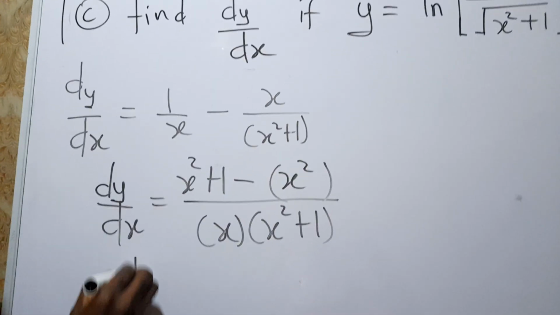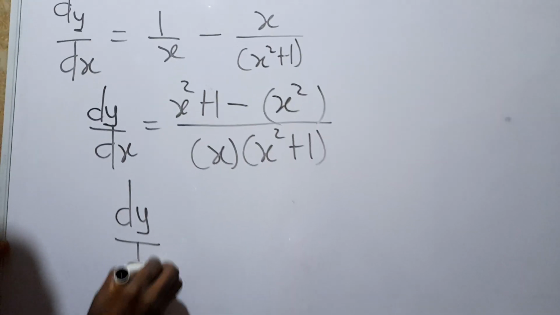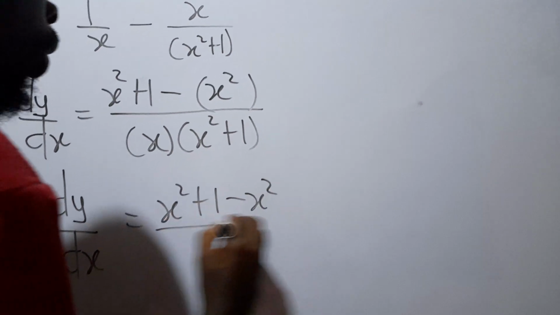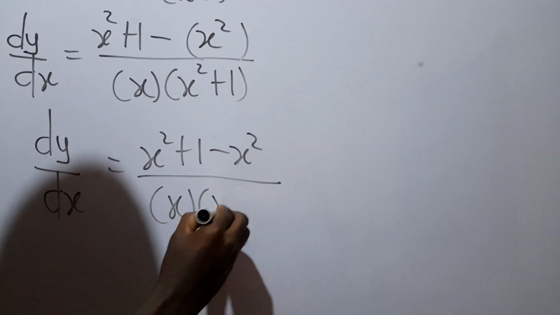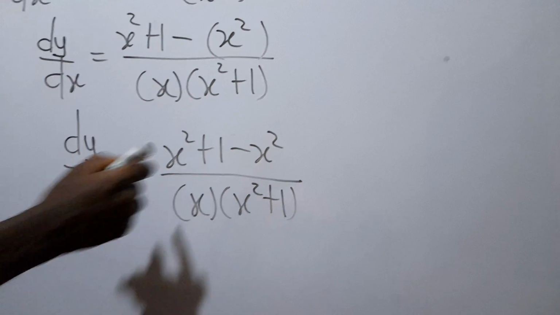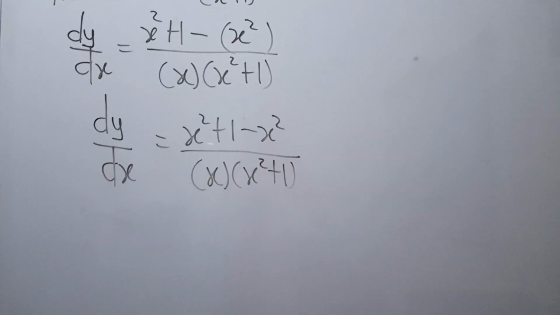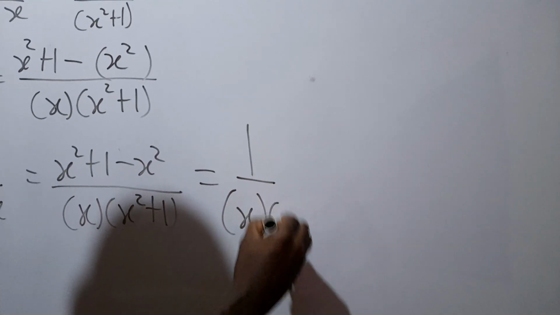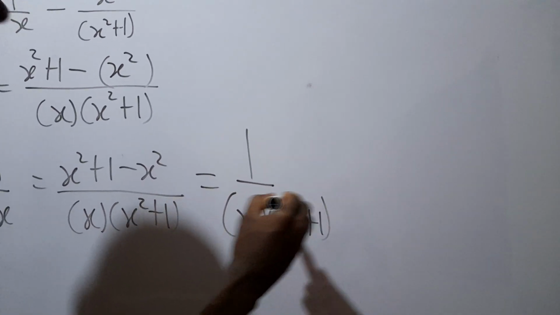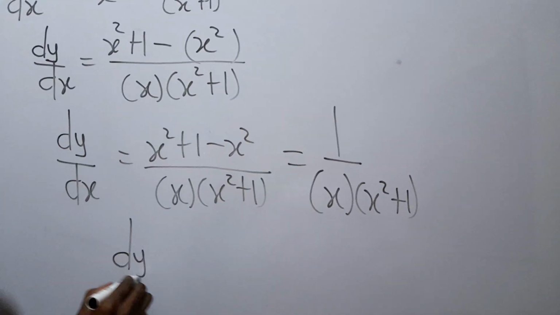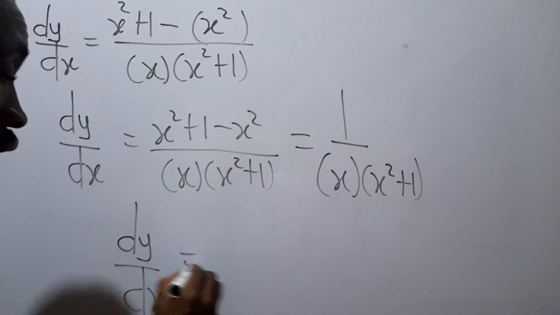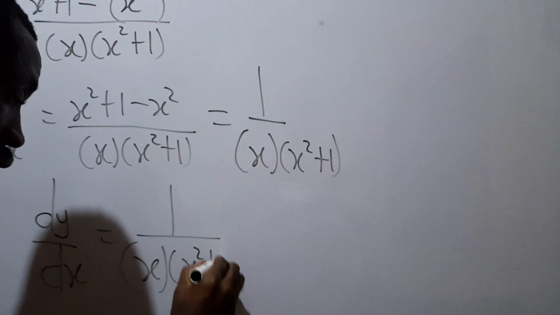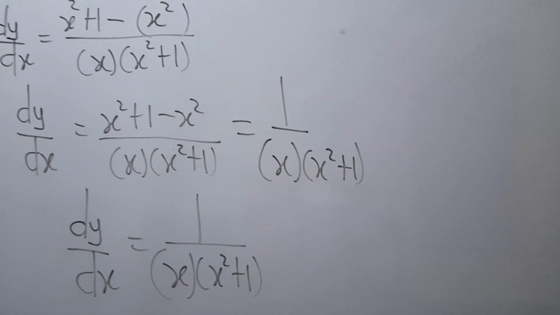So on polishing that further, we can say our dy over dx will be equal to x squared plus 1 minus x squared all over x squared plus 1. So x squared minus x squared is equal to 0. So we'll be left with 1 all over x squared plus 1. And that becomes our dy over dx. So it is equal to 1 over x squared plus 1. So that is the end.